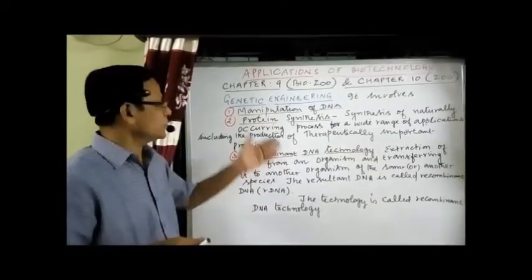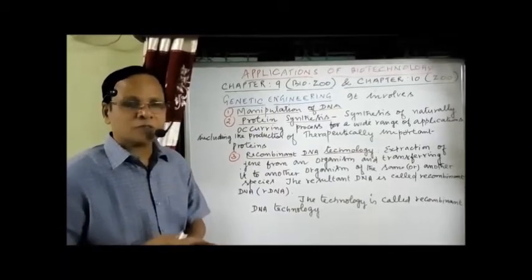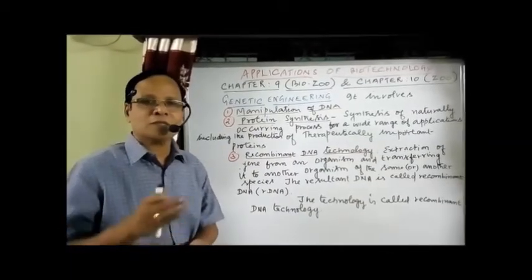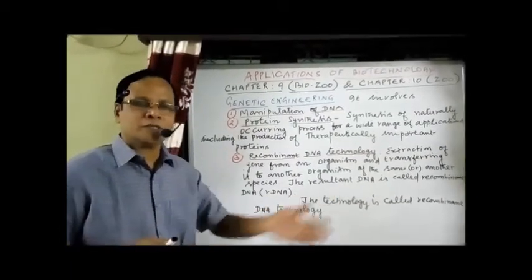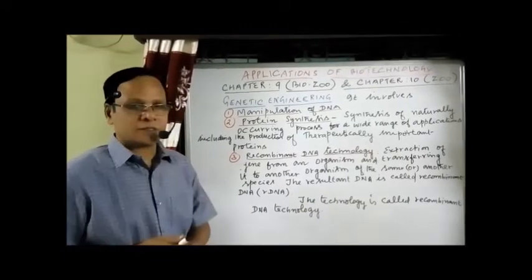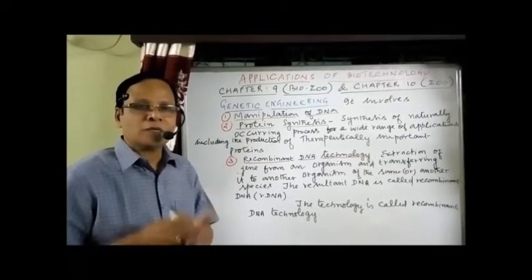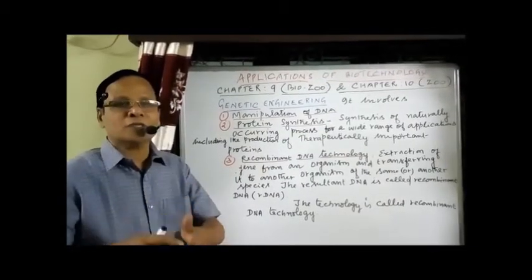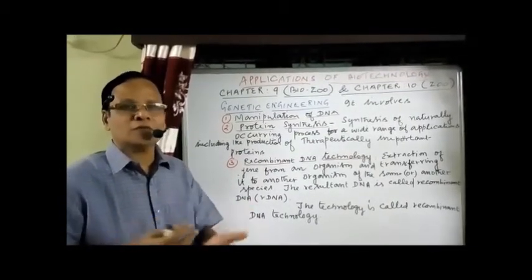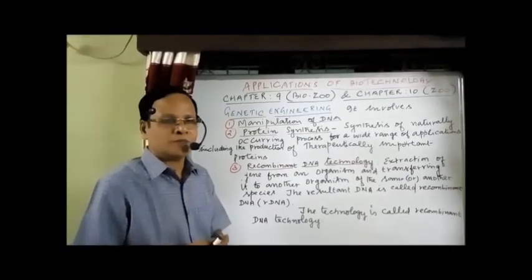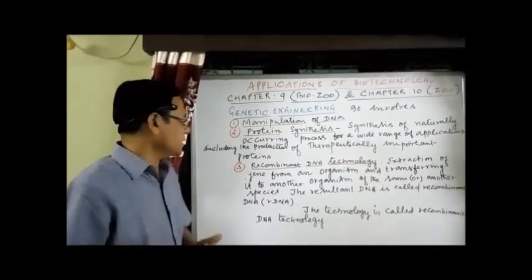Protein synthesis is a naturally occurring process in the cells through transcription and translation, which we already studied under molecular genetics. So here we are producing proteins of therapeutic value, that is medicinal value. For example, interferons, which are glycoproteins. Like that, we will see later.